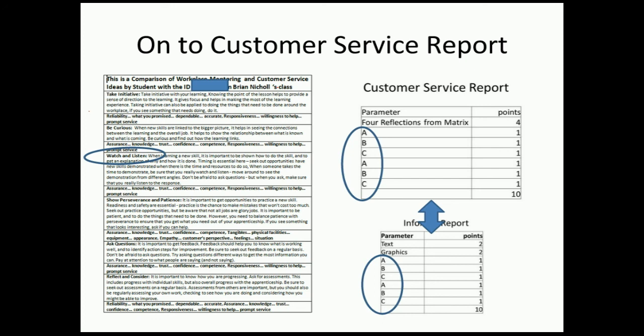If you take care of these and have some empathy for your customer, that's what we call customer service.